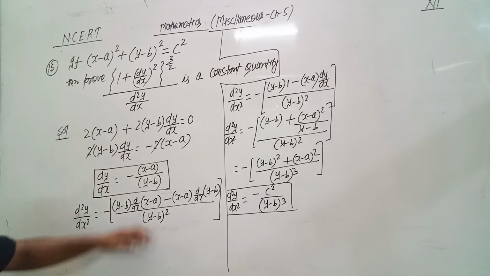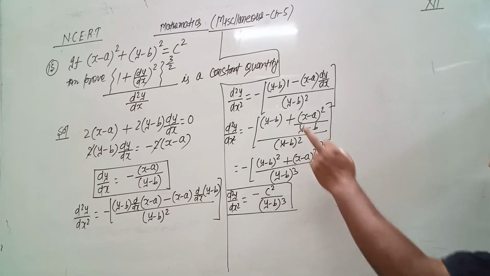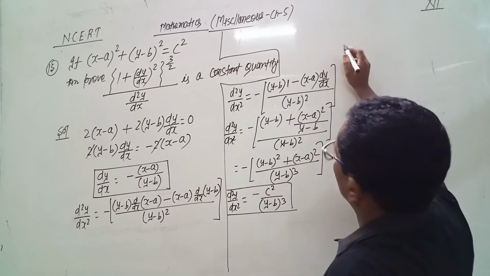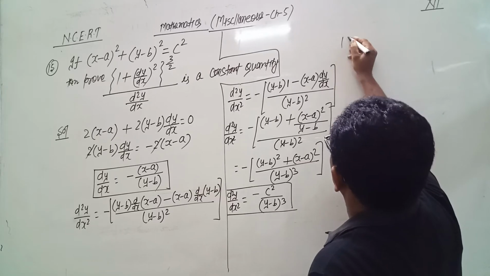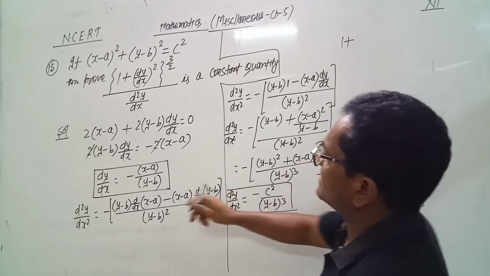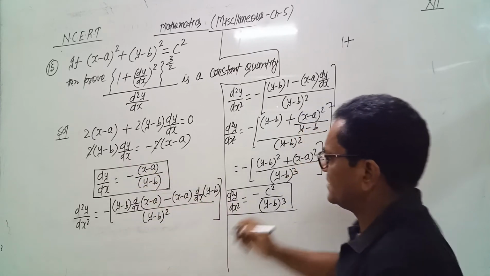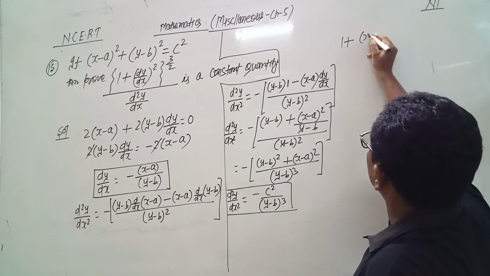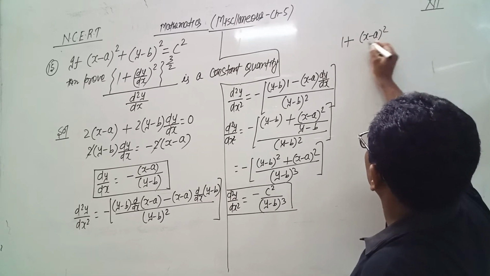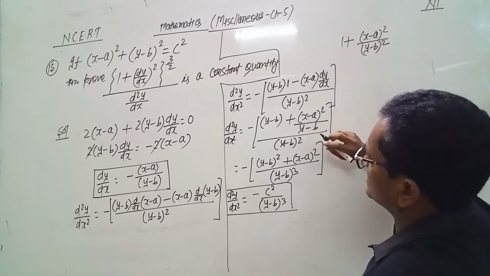Now we put the value of dy by dx and d2y by dx square in this expression. So 1 plus (dy by dx) the whole square. The value of dy by dx is this. When we make it whole square, minus becomes plus and it gives (x minus a) the whole square upon (y minus b) the whole square.